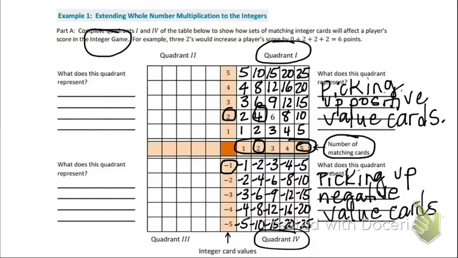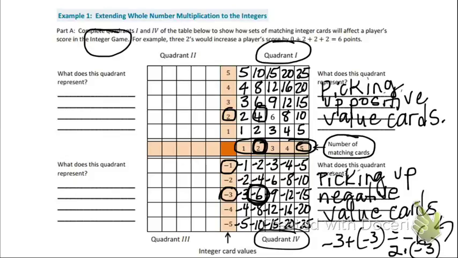So in the case right here, we have picked up 2 -3 cards, which would yield us a value of -6. So that would be -3 plus another -3, which would equal -6. Or, as we see here, 2 times -3, which also equals -6. Okay, so there we go.